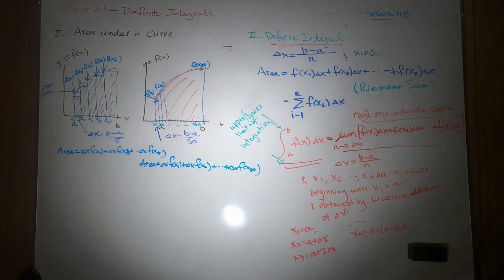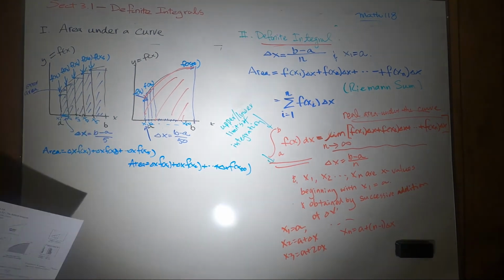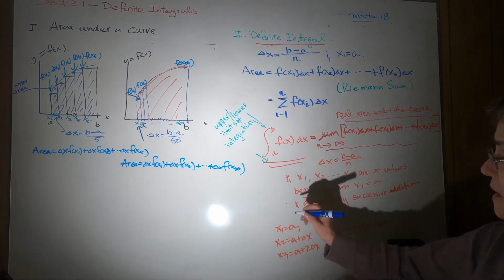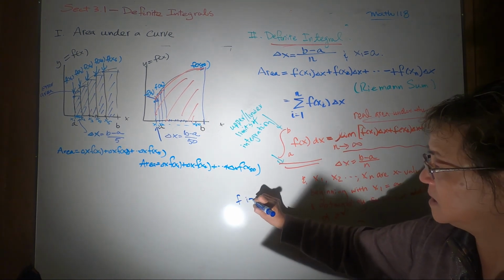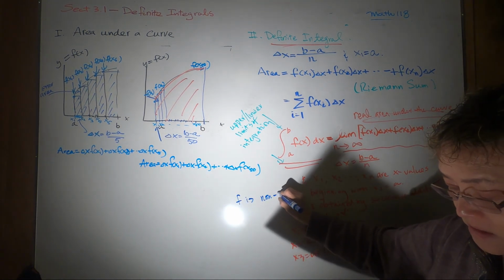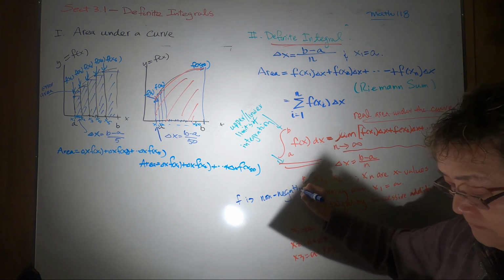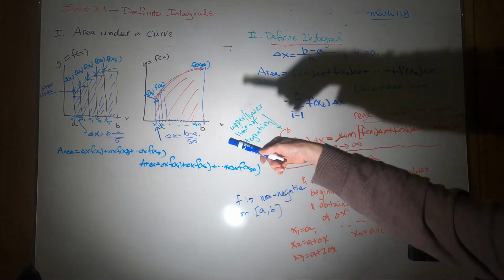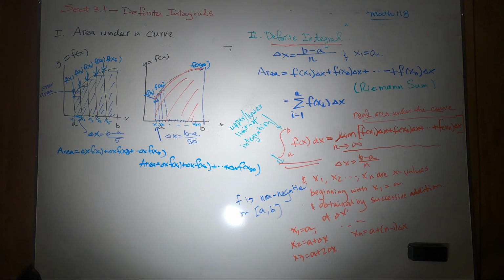So then what happens is when f is above the x-axis, right? Under this condition, f is non-negative. Okay, we just talk about the positive part for now.